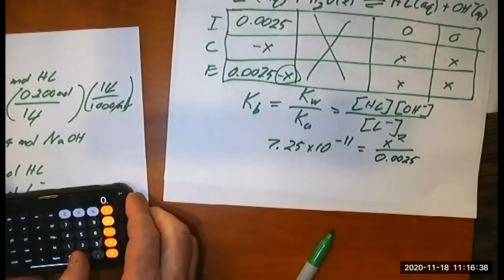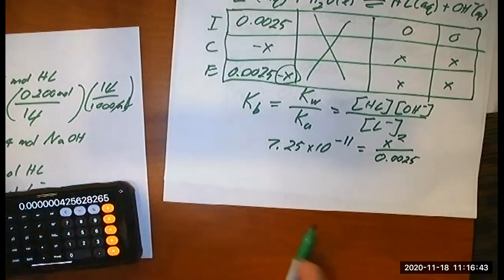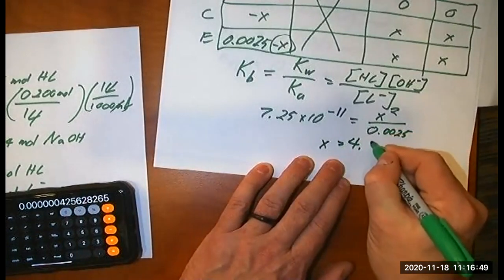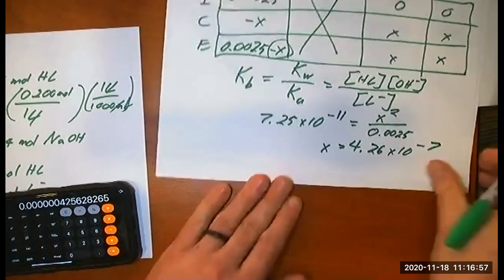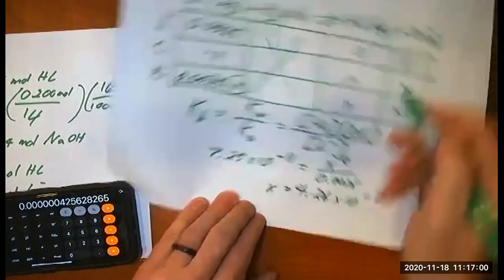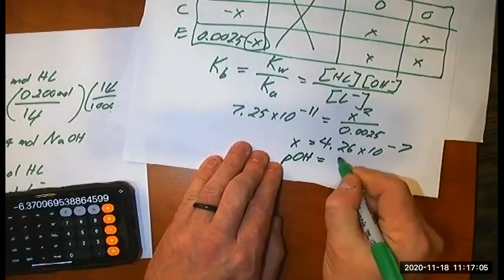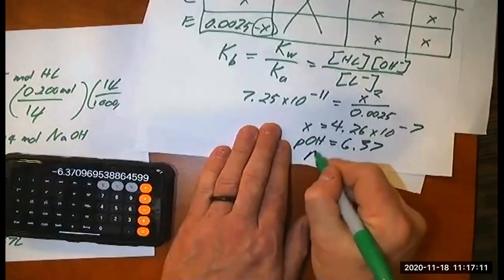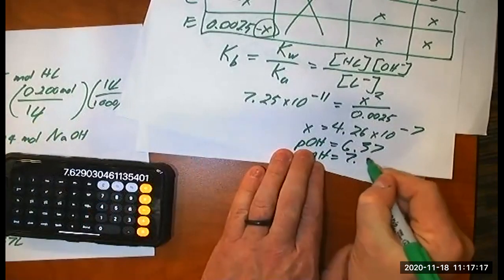So times 0.0025, and I'll take the square root, and we get that x equals 4.26 times 10 to the negative 7. Okay. So that is our hydroxide ion concentration. So our pOH equals 6.37. And so our pH equals 14 minus that, 7.63.